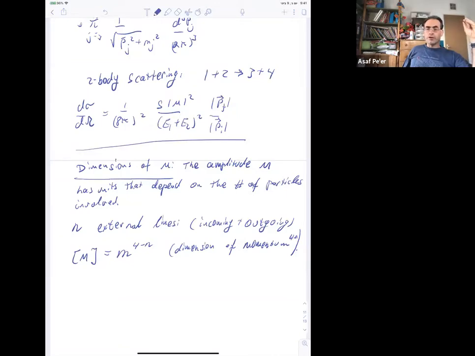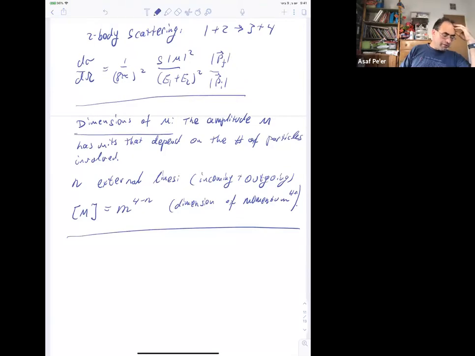If we have one particle that decays into two particles, it's 1. Yes, 4 minus 3 is 1. So one dimension of momentum. Okay.